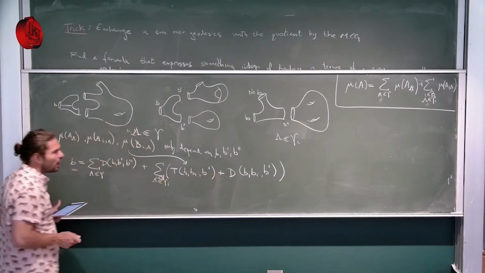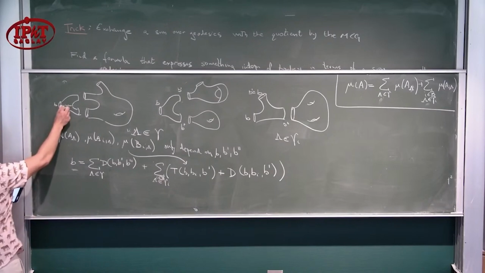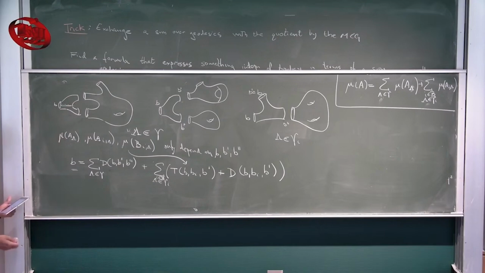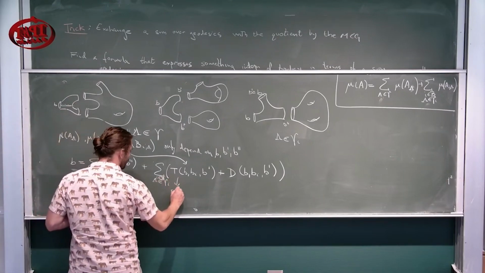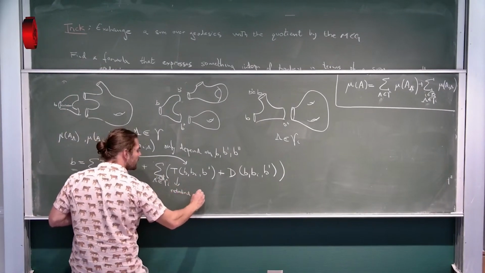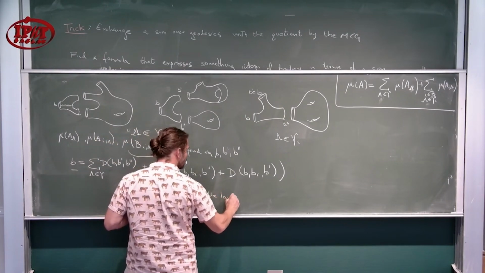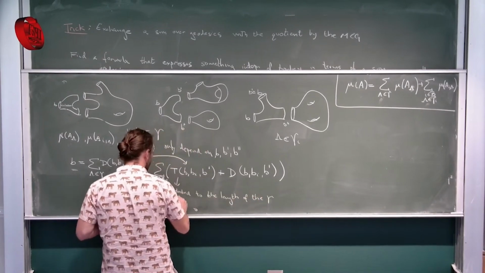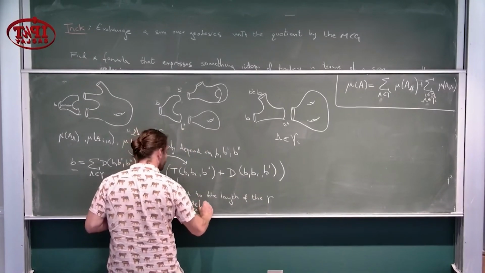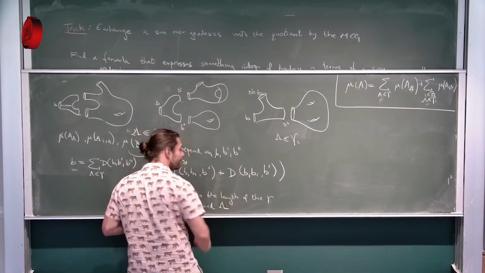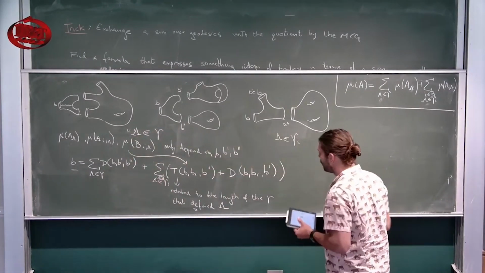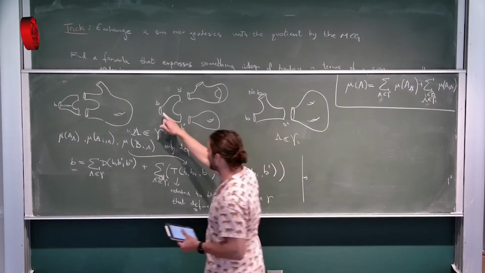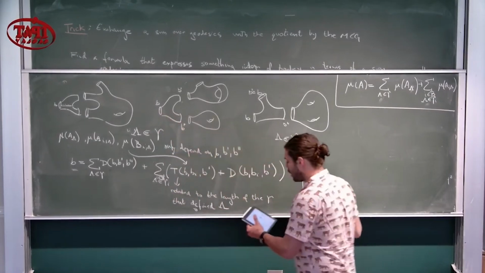Now, this T and D actually turn out to be related to the length of the geodesics that I shoot inside of this pair of pans. So it's related to geodesic length, to the length of the gamma that defines lambda. And people have computed them explicitly because they can compute explicitly what's the length of all these geodesics that you shoot in on a pair of pans.